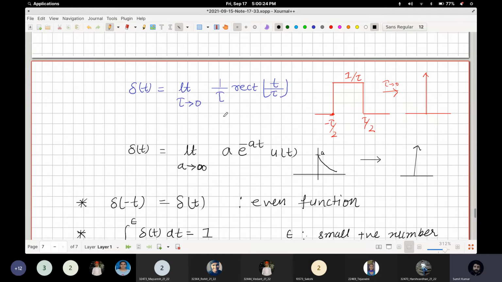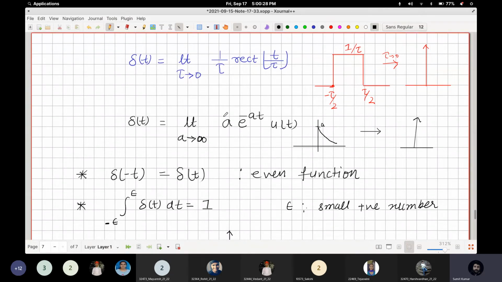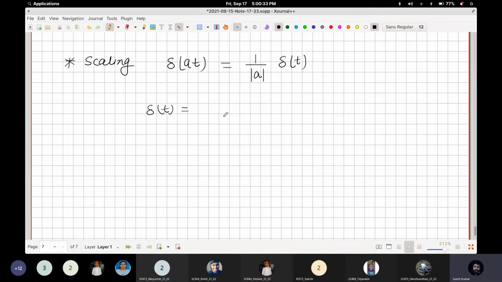You see here. It was limit tau tends to 0, 1 by tau rectangle t by tau, isn't it? So let me just use that definition. So this is limit tau tends to 0, tau times rect of t by tau. Okay. Is this clear?